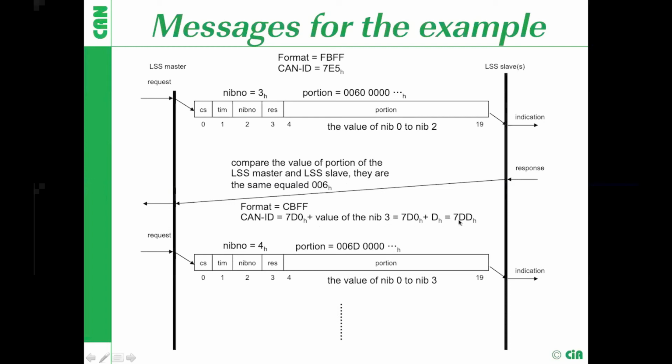So this will be 7DD. Then the master processes the response and packs the value of the neighbor into the next request. So you see here the portion for the next request is 006D. Then the master sends the second request with the neighbor number 4. Then the LS slave handles the request as described above, until the master has known the whole LS address of the slave.